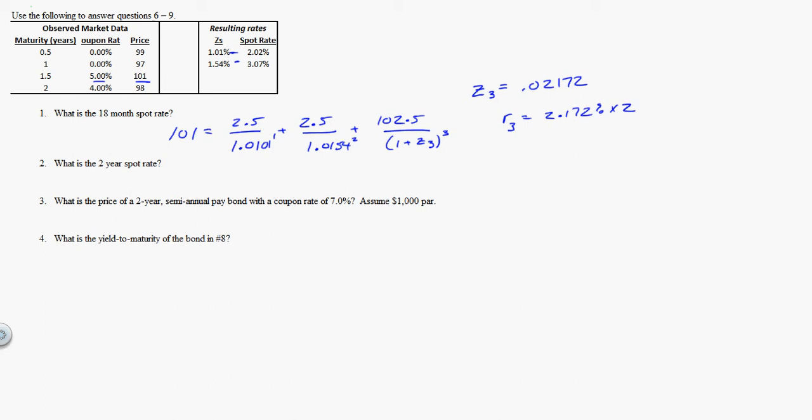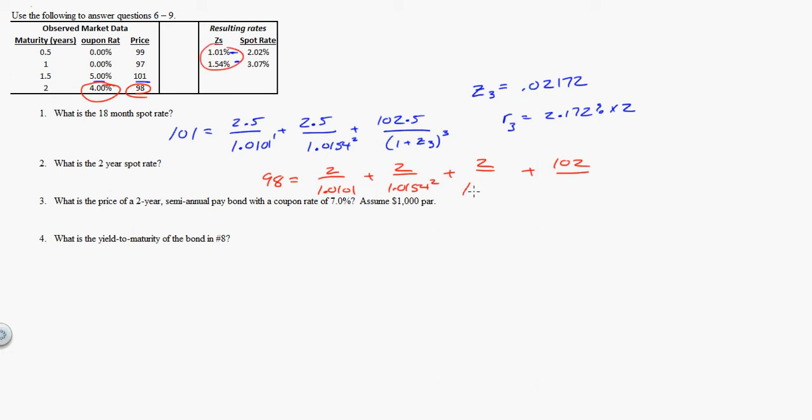For the 2-year spot rate, it's going to be very similar. I'm going to have 98% of par. 98% equals, there's a 4% coupon, so that's 2, 2, 2, and 102. Those are the cash flows. Now, how do I discount them? 1.0101 to the first, 1.0154 squared, because that's Z1 and Z2, right?